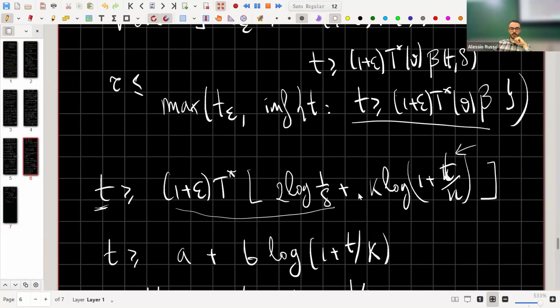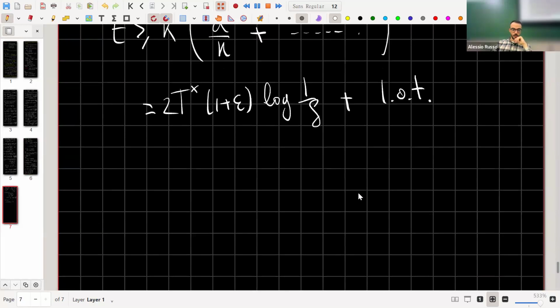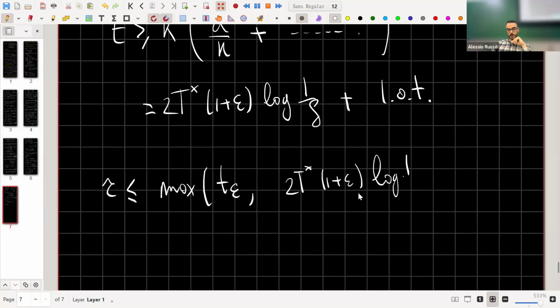So we know that we can now upper bound tau. It is upper bounded by the max between t epsilon and 2 t star 1 plus epsilon log 1 over delta plus low order terms.